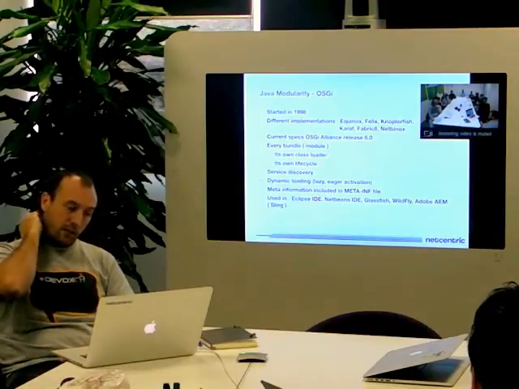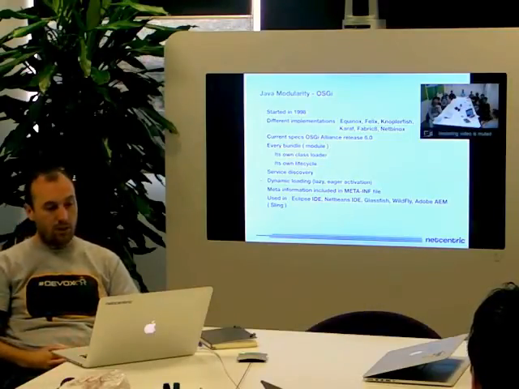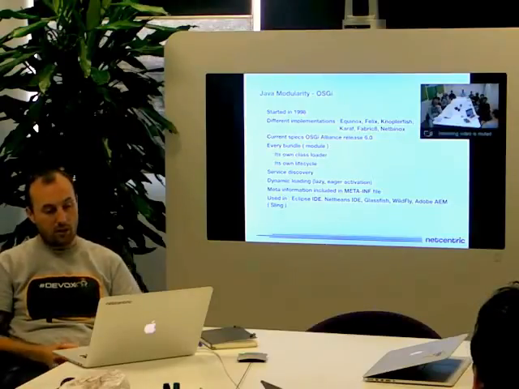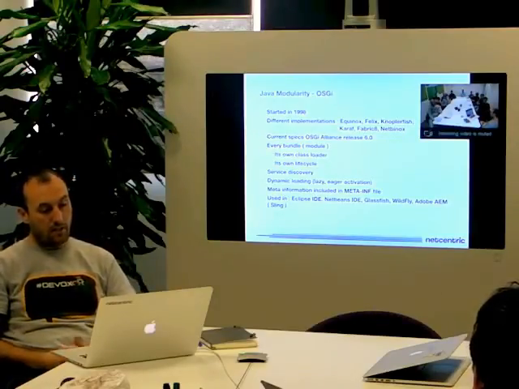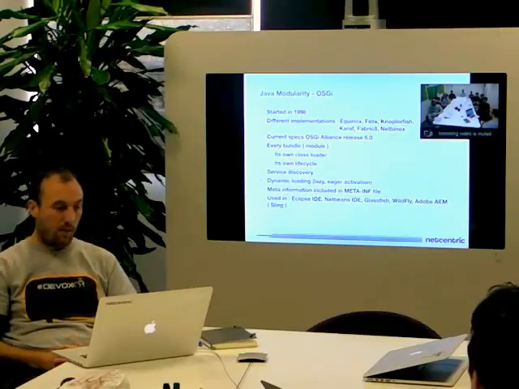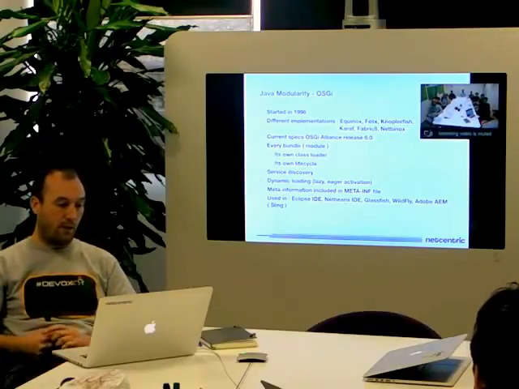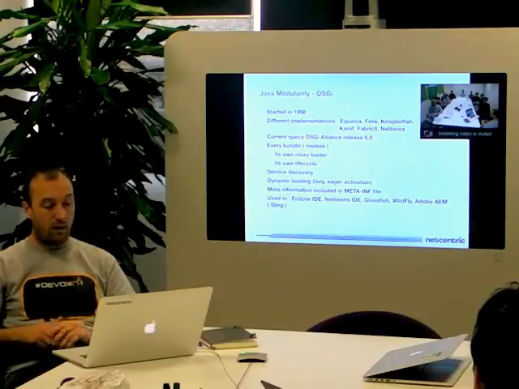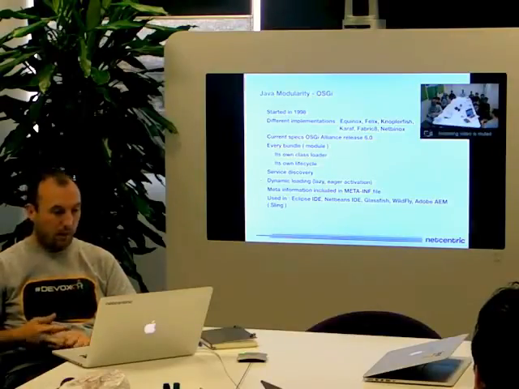Also, the file used to define the boundaries of the packages is the META-INF file that we all have in our Java apps, but we have barely ever used this file.